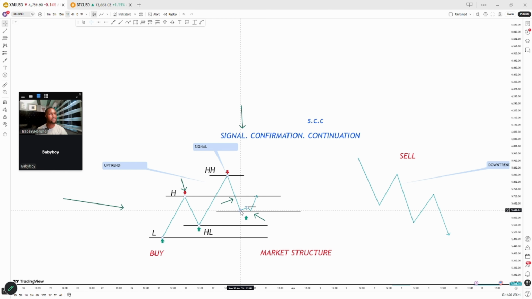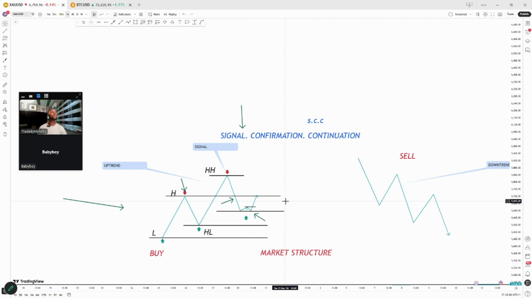So buyers right here succeeded to hold the price. Since they succeeded, this is a confirmation that buyers have succeeded in holding these sellers right here. So now we have confirmed that buyers have succeeded in holding what the sellers are trying to do. The intention of the sellers, buyers have succeeded in holding them.